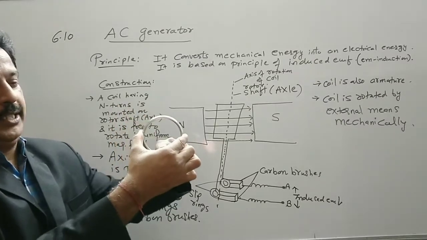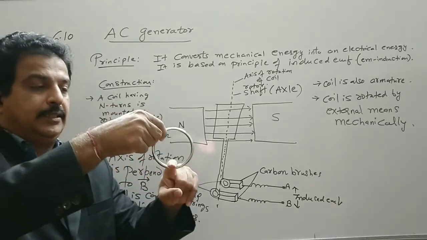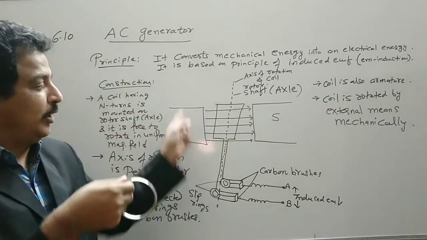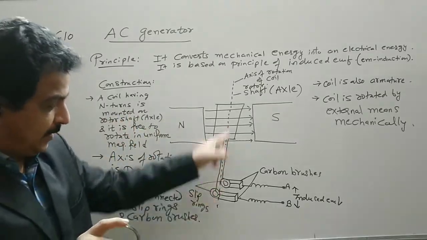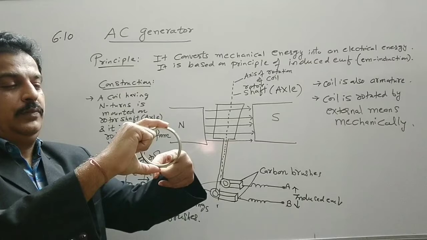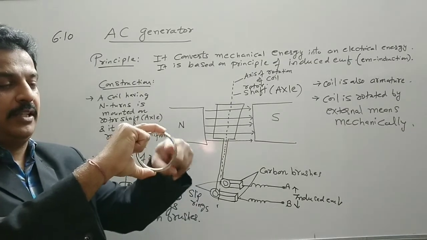If you connect this permanently, then the coil will not be able to rotate. So one end of this wire is just touched to the slip ring. This is the slip ring.